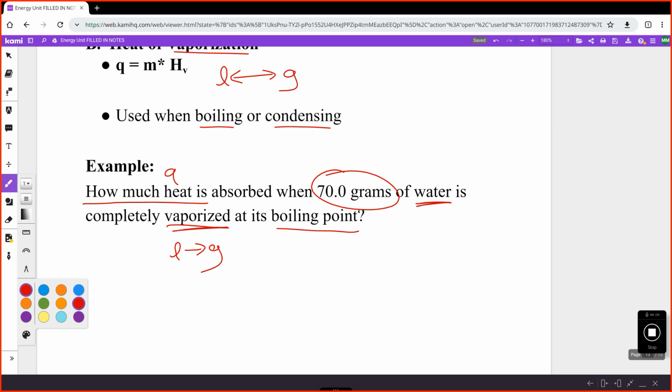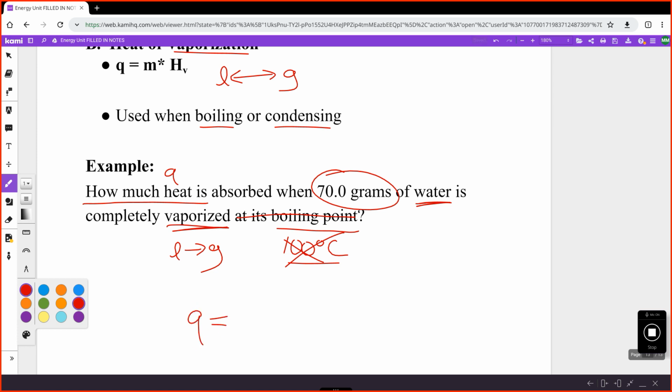And even if there was, let's just say this said at 100 degrees Celsius, this number never factors into this formula because it doesn't matter what the temperature is at a phase change. It's a constant value. So we can ignore a temperature. We can ignore at its boiling point. We know that this is the heat of vaporization.